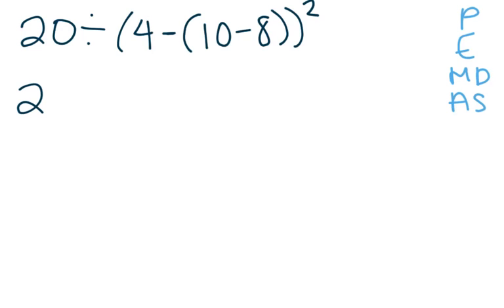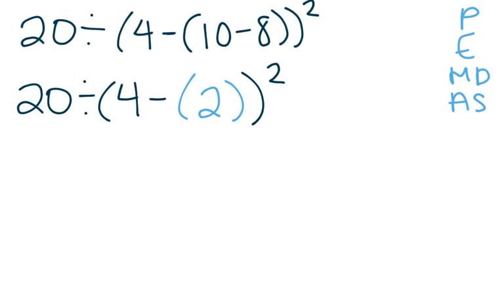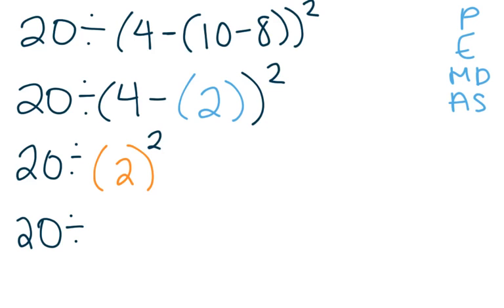So we have 20 divided by 4 minus 2 squared. 20 divided by 4 equals 5. Okay, so we started with the inmost group first, then the outside, then the exponent, and then we divided.